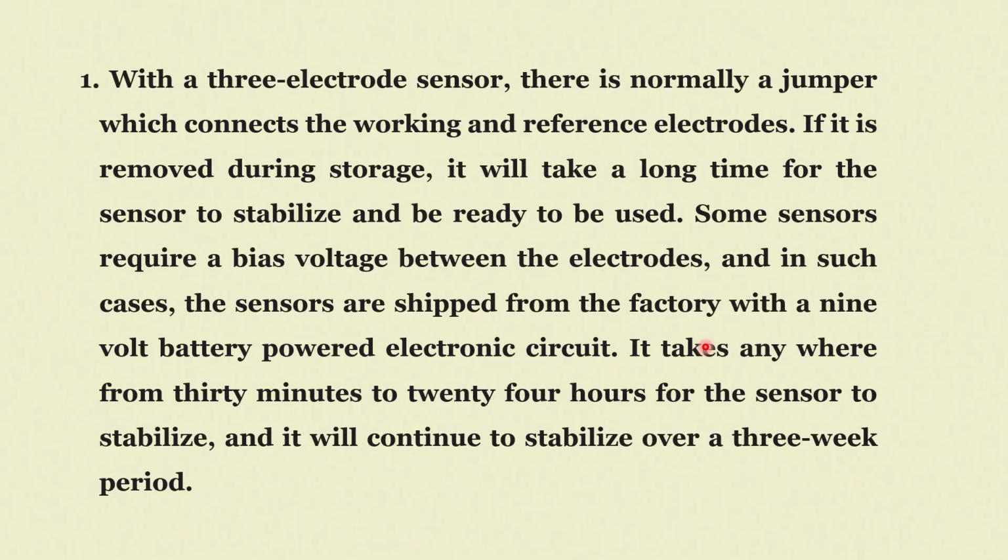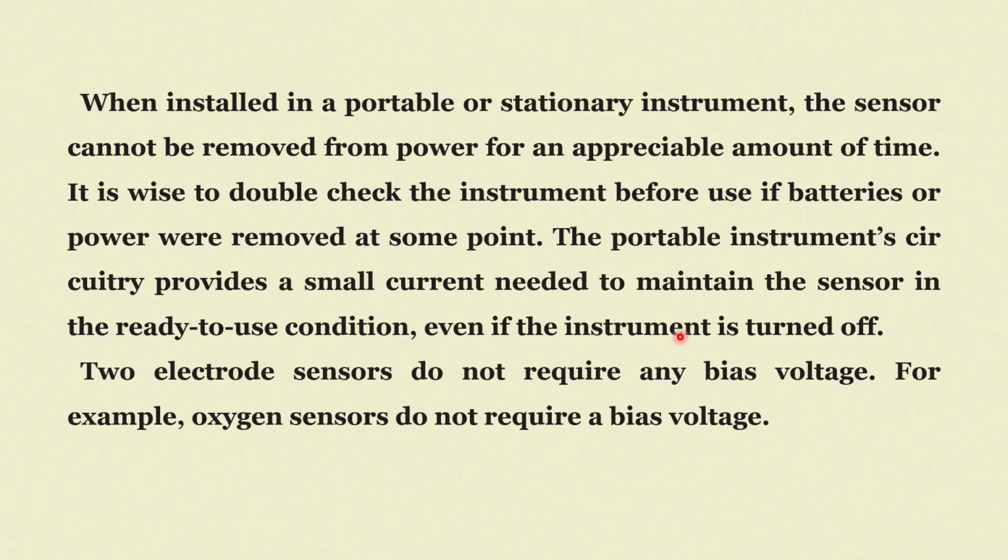We are providing the battery to give the initial impulse. So, it takes anywhere from 30 minutes to 24 hours for the sensors to stabilize in such cases, and it will continue to stabilize over a 3-week period. So, during that time you cannot use the sensors very efficiently.